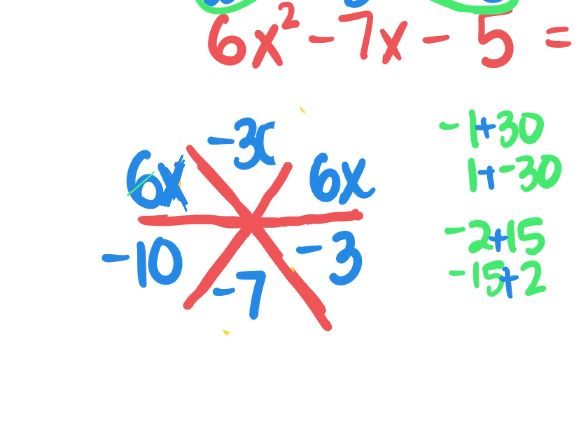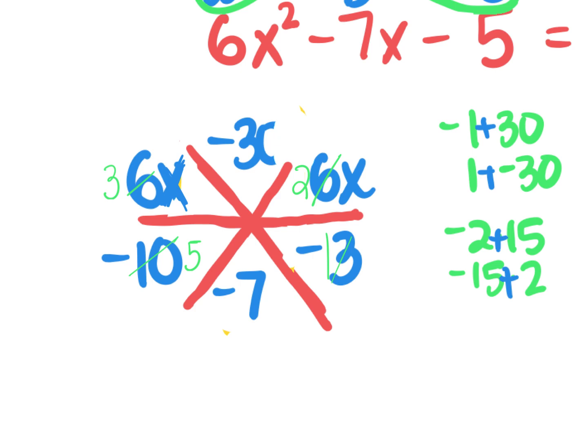So I can reduce that to a 3, and I can reduce that to a 5. So I have 3x and -5. On the other side, 6 and -3 can be reduced by 3. That's what they have in common. So when I reduce 6 by 3, I get 2. And when I reduce 3 by 3, I get 1.